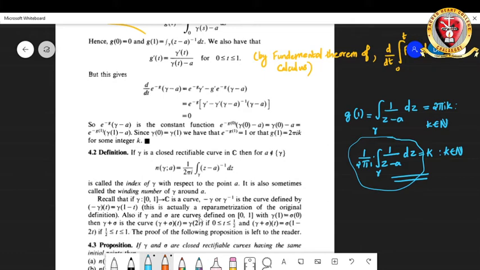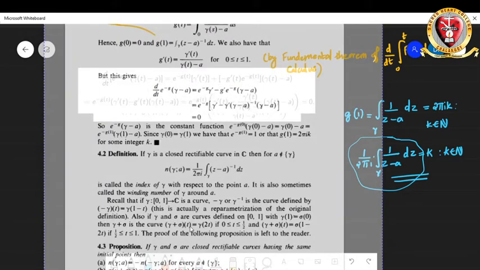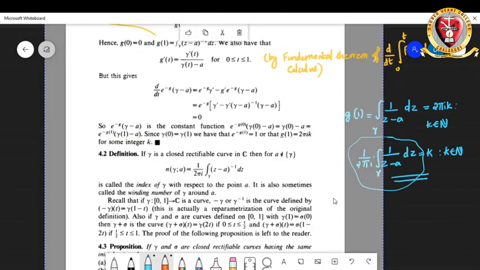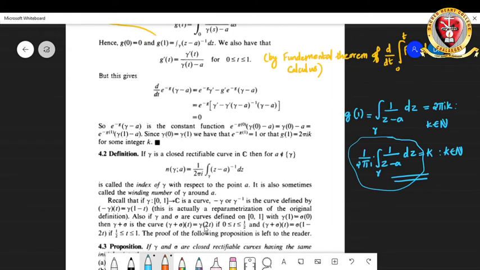Also, if gamma and sigma are curves on the closed interval [0,1] such that the endpoint of gamma is equal to the starting point of sigma, then gamma plus sigma can be defined, and gamma plus sigma of t is equal to gamma of 2t, where t is varying from 0 to 1 by 2, and also it is equal to sigma of 2t minus 1 if t is between 1 by 2 and 1.